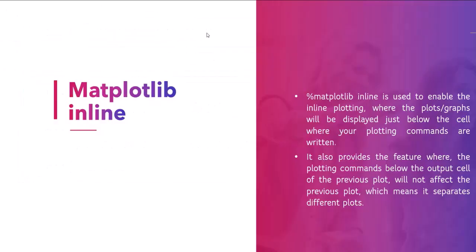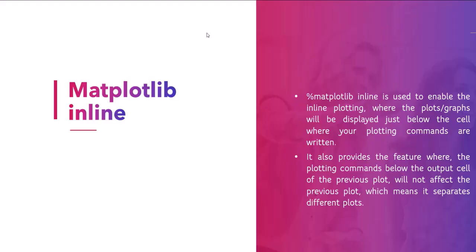So you can use the magic function percent matplotlib inline to enable inline plotting, where the plots and the graphs will be displayed just below the cell where you run the plot commands. Basically it provides interactivity between the backend and the front end, like the Jupyter notebook.